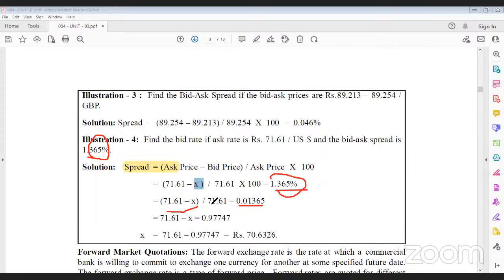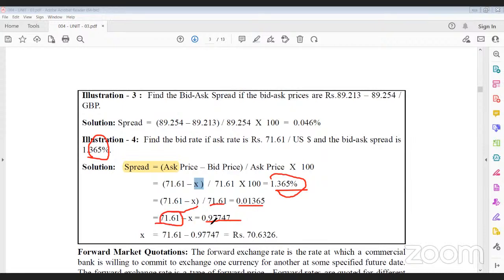Again, further in simplification, 71.61 goes to this side, and this is the value, that is 0.97747.